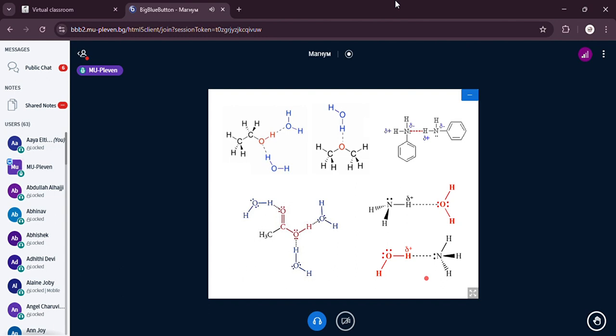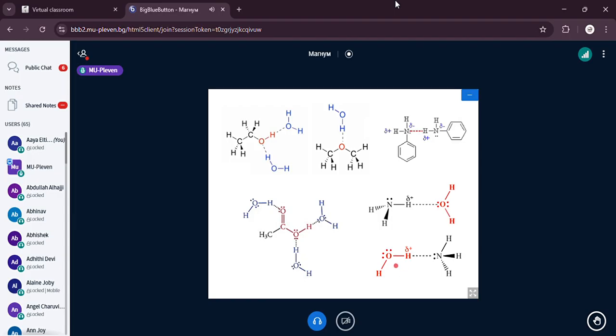Because both water molecule and ammonia molecule can be hydrogen bond donors and hydrogen bond acceptors. So, in this example, ammonia is hydrogen bond donor. Water is hydrogen bond acceptor.